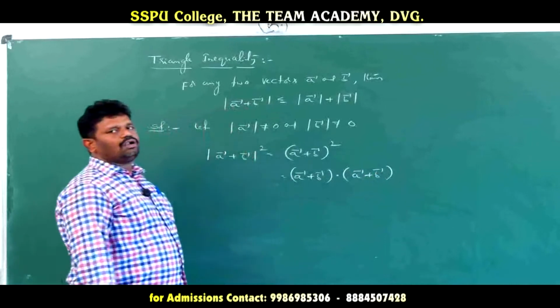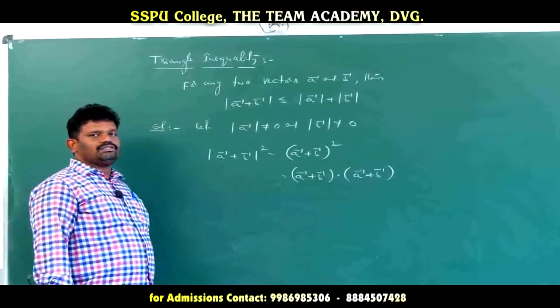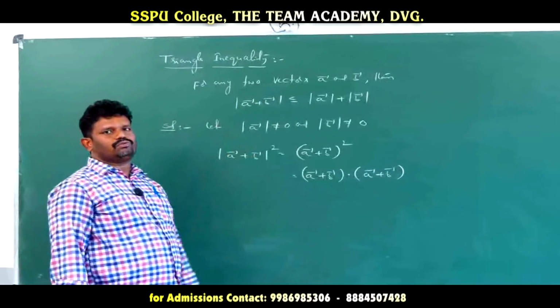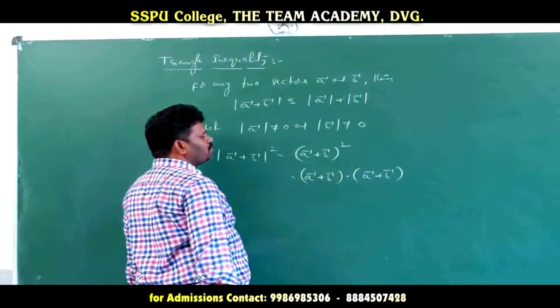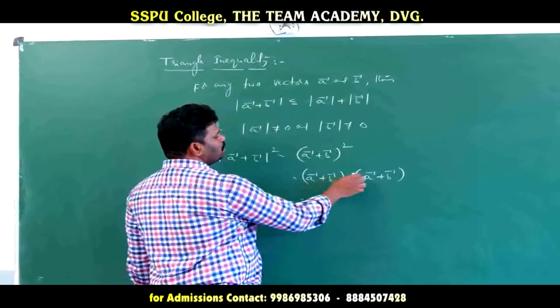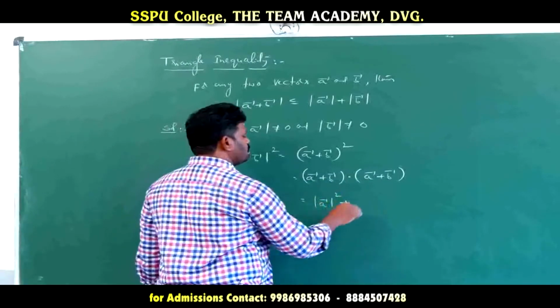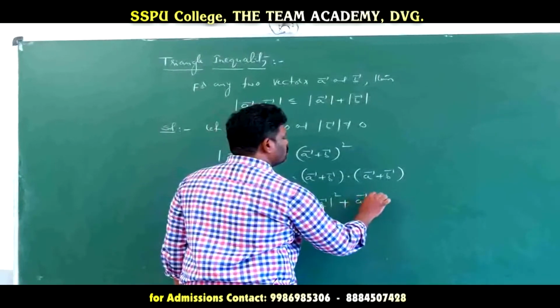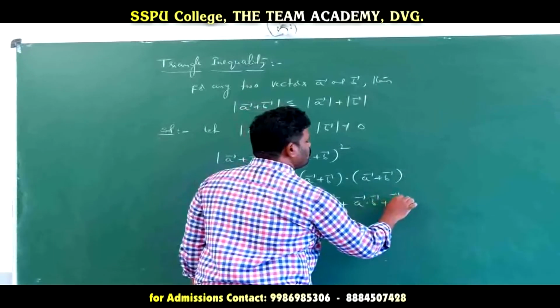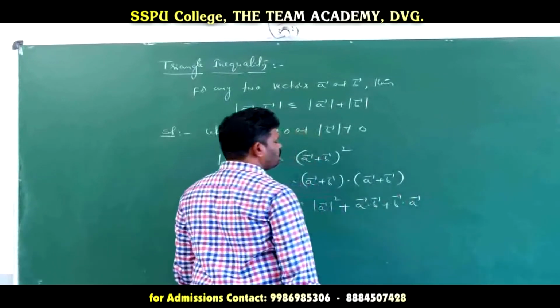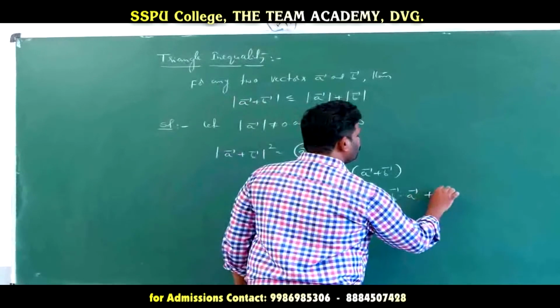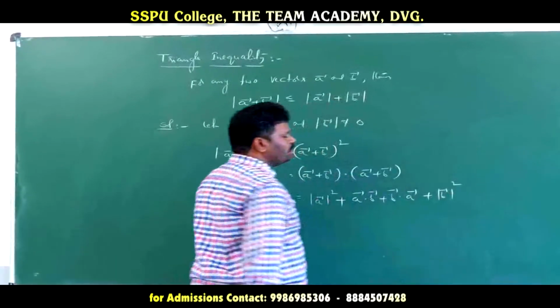Already I told you A bar dot A bar is equal to magnitude of A bar whole square. So expanding the dot product gives magnitude of A bar square plus A bar dot B bar plus B bar dot A bar plus magnitude of B bar square.